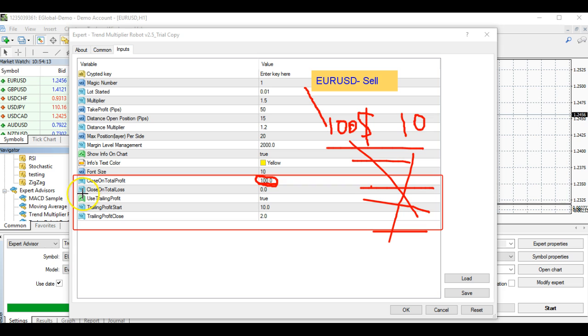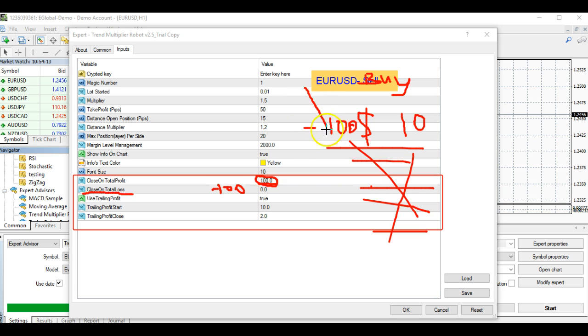So next is close on total loss. Total loss works the same way. It's a series of trades. Let's say you put 100. If this is, let's say, Euro USD buy, it's the opposite side. So maybe you are losing 100.